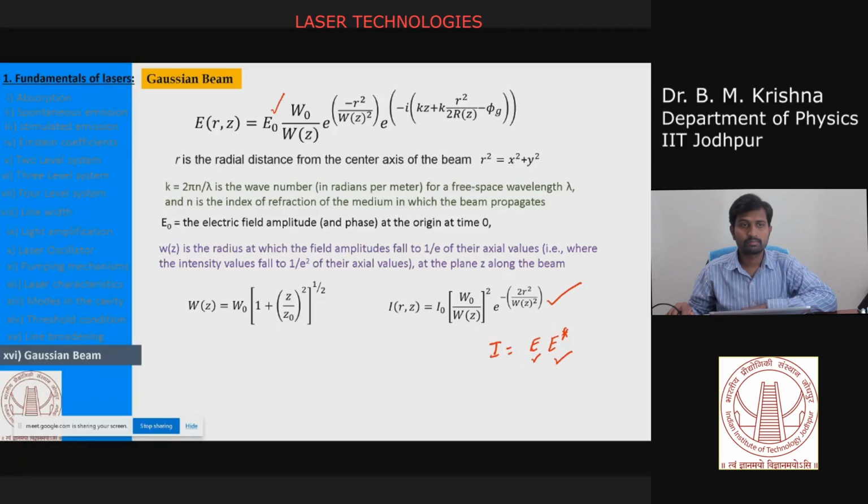Okay, so that is your intensity as I of r, z. r is your radial distance and z is the propagating direction. So your intensity is varying along z as well as your radial distance using this formula.